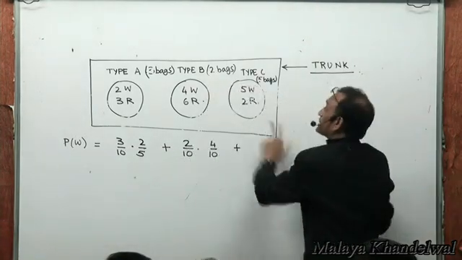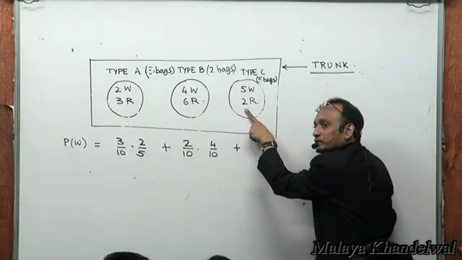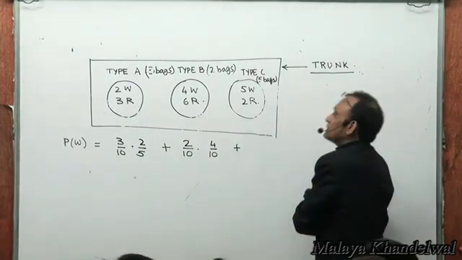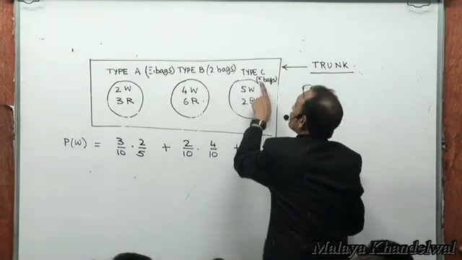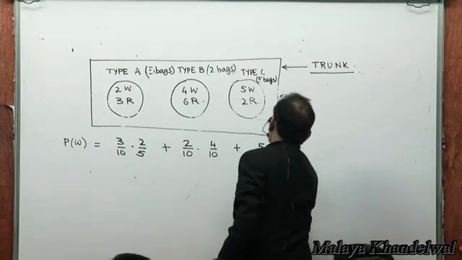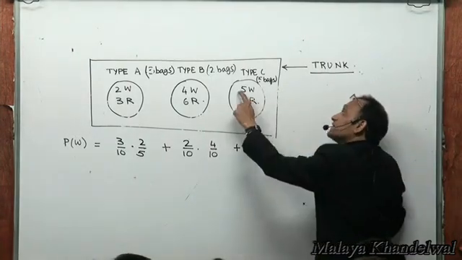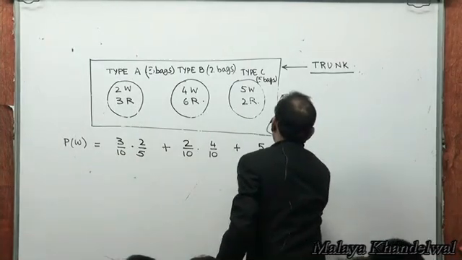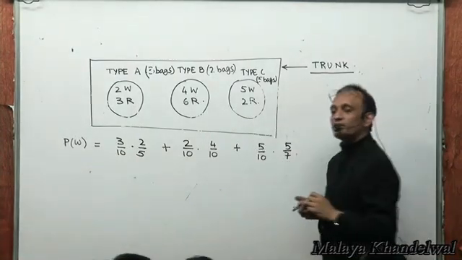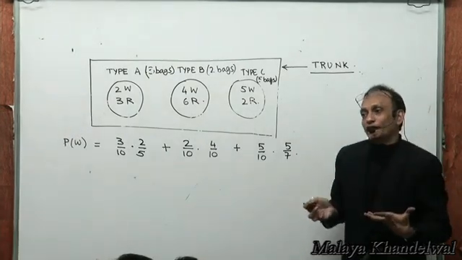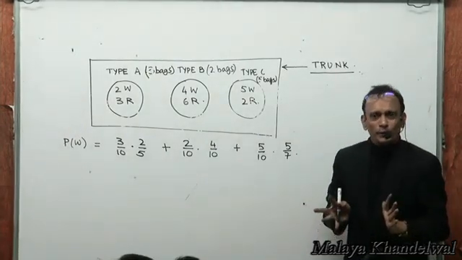Or I could have selected a type C bag, and the probability of selecting a type C bag would be 5 by 10, into then selecting a white ball would be 5 by 7. Do you realize this is the probability of selecting a white ball? That's the total probability of selecting a white ball, yes or no?